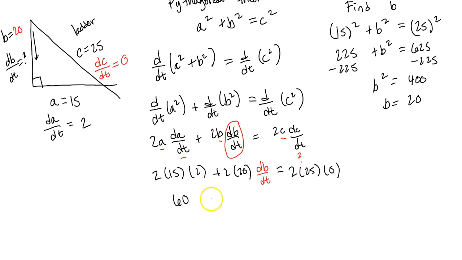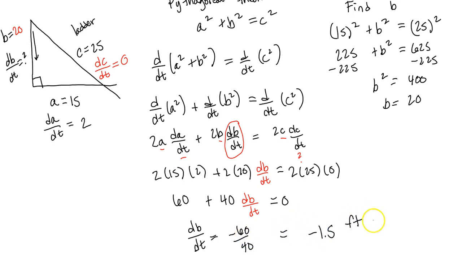So that tells me that 60 plus 40 dB over dt is equal to 0, which tells me that dB over dt is equal to negative 60 over 40, or negative 1.5 feet per second. Now this shouldn't be a surprise to you that this is negative, because if you take a look at it, this length right here should be shrinking because the ladder's falling down the wall. So it makes sense that that would be a negative answer.